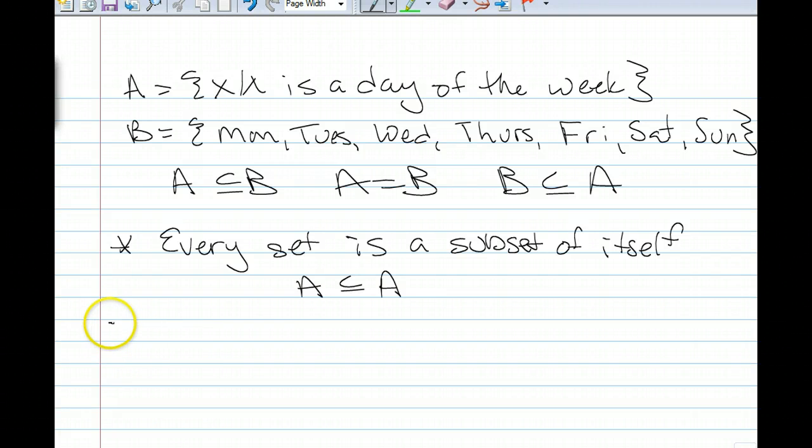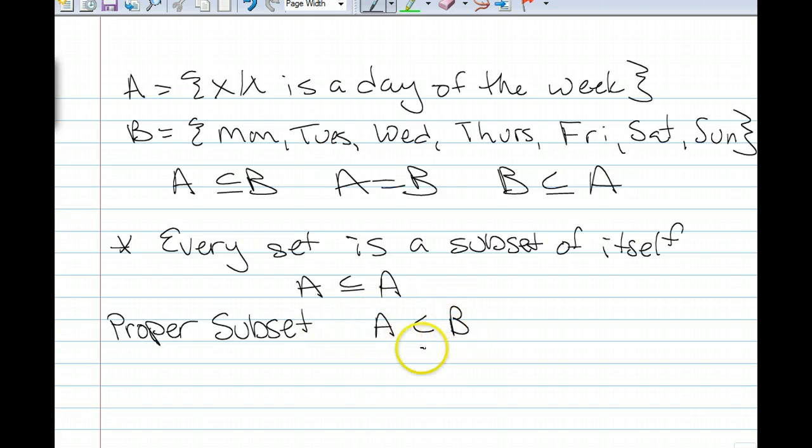Then we have something called a proper subset. Blitzer says that A is a proper subset of B. Notice there's no equal line underneath it.